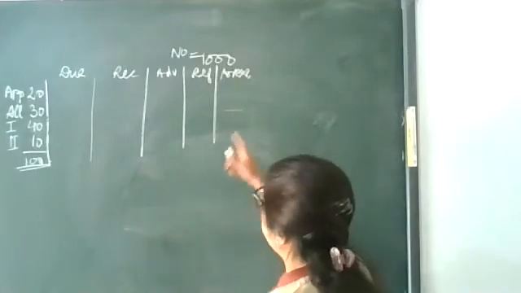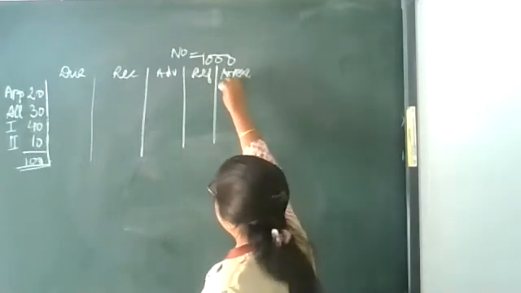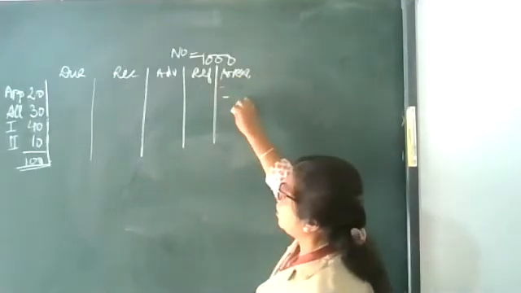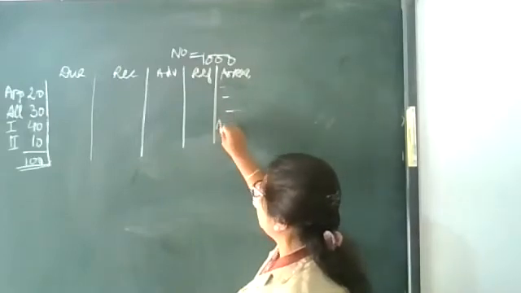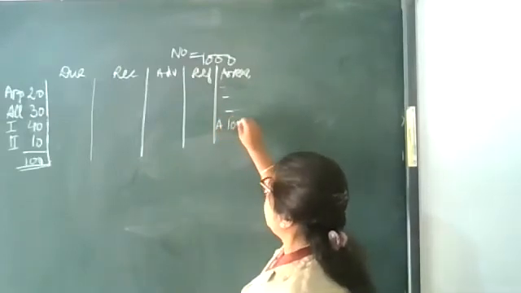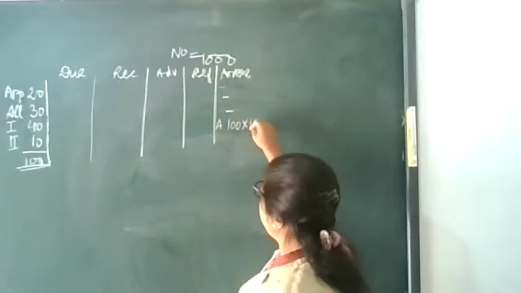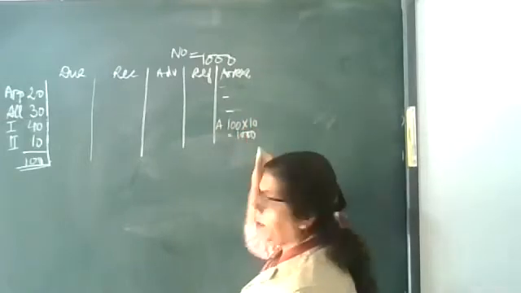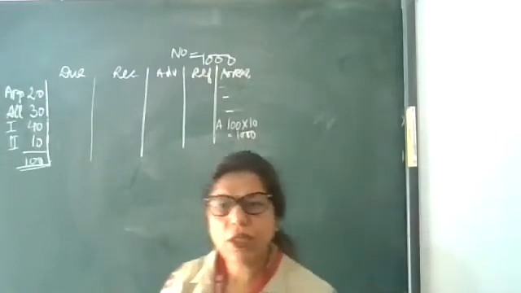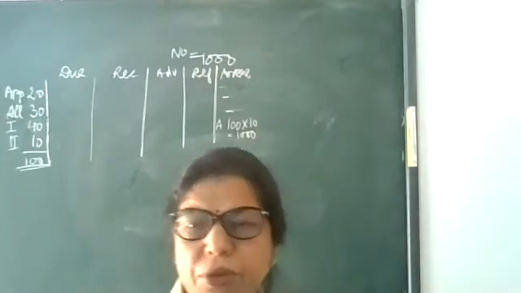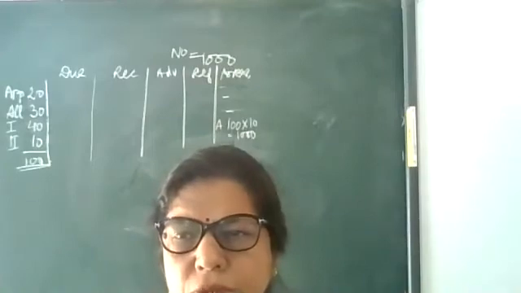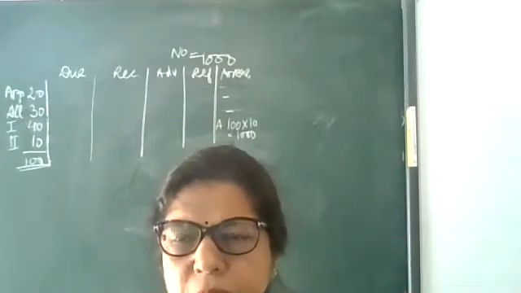So children, look here. Now, no arrear on application, no arrear on allotment, none on first call, but here Mr. A, 100 shares into 10 each, that is 1000 in arrear. Now how to calculate the due amount, children? I am sure you will be able to understand it this way.